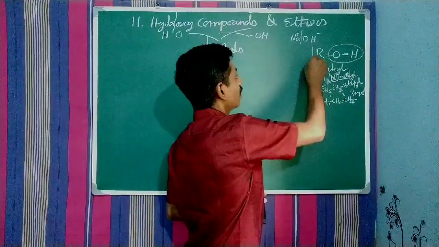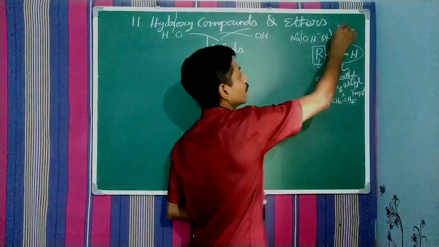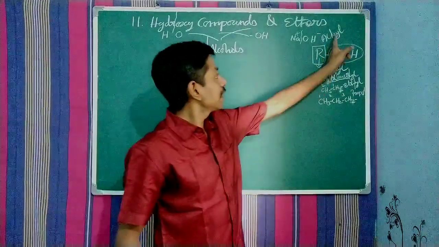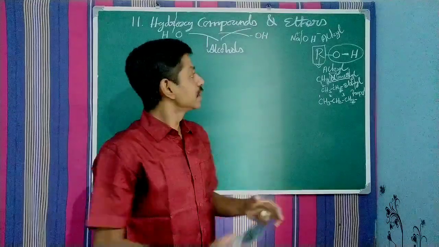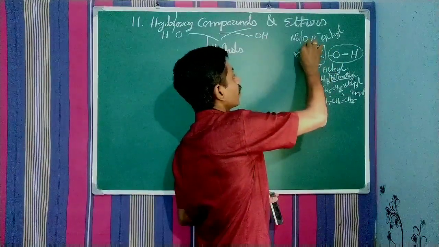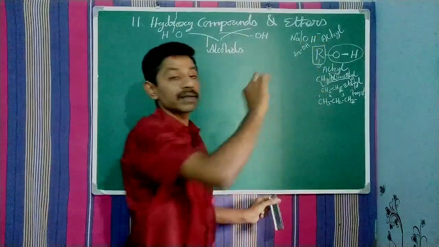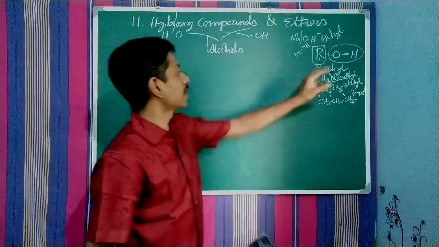So this R group, generally they call the alkyl group. An alkyl group can be methyl, ethyl, propyl, like that. Similarly, if you go for an AR group, AROH, then it is called an aryl group, aromatic. All that will be done in the next part.